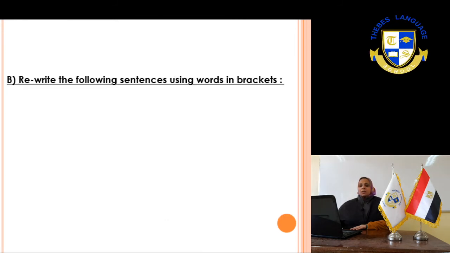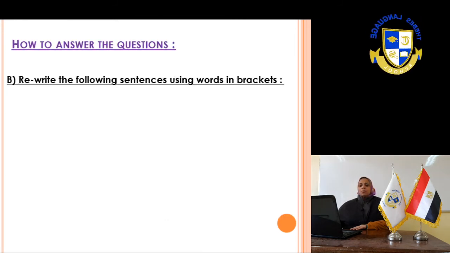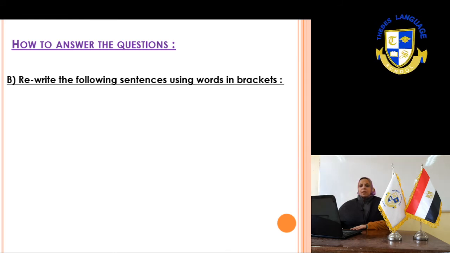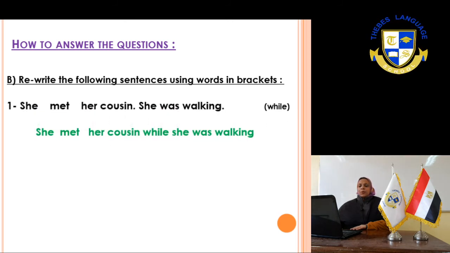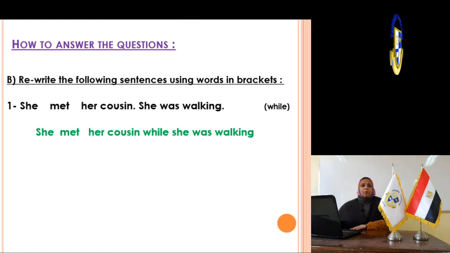Next slide. Here I have some questions to know how to answer the questions of this type. Rewrite the following sentence using the word in brackets. She met her cousin. She was walking. I want the word while. Now, because I have the word while, I have to see which verb here is a long verb.